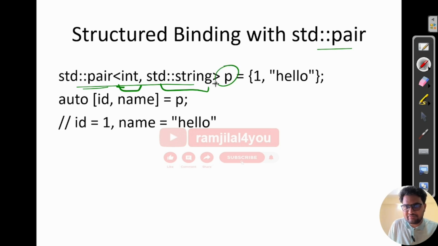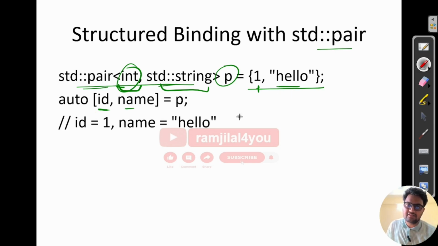And this is the pair object we have created, and these are the values. This pair contains an integer value, that is the type integer, and one string, this is hello, that is the string. Now we want to take these two members of the pair into the individual variables, id and name. How can we do that? We can use structured binding.